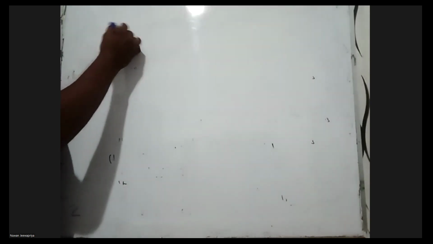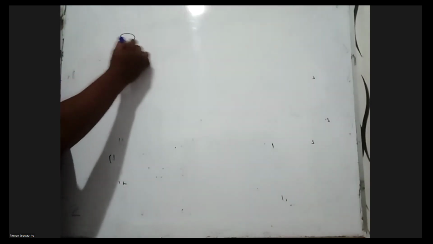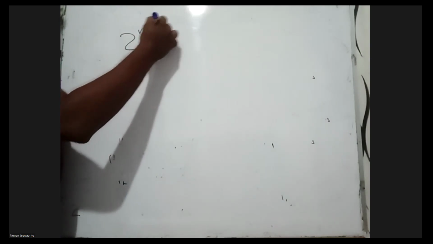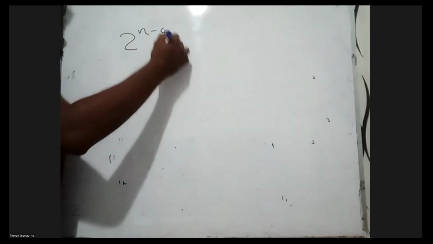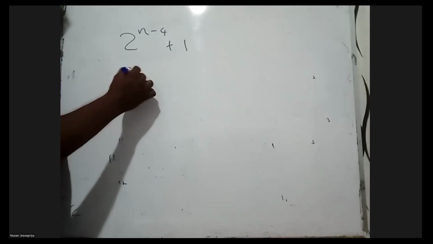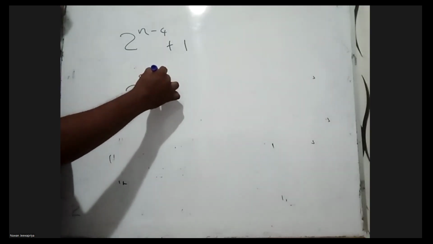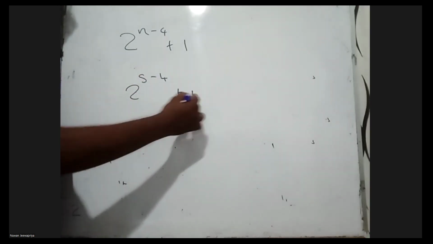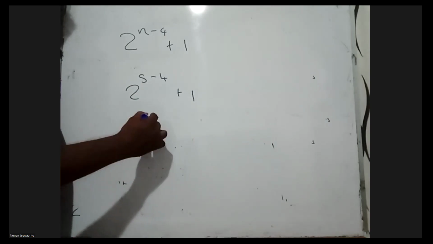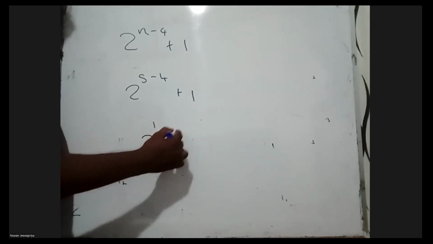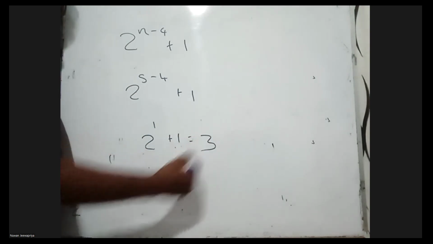As I did earlier, the 5 carbon atom example. So how many isomers? 2 to the power n minus 4 plus 1. 2 to the power 5 minus 4 plus 1. So here 2 to the power 1 plus 1, the answer is 3.